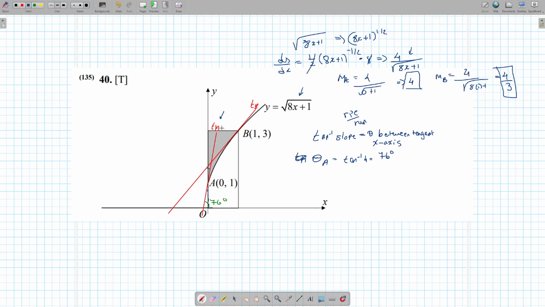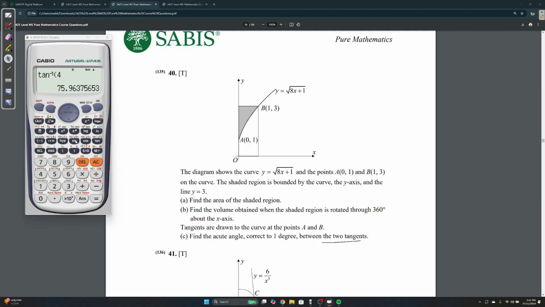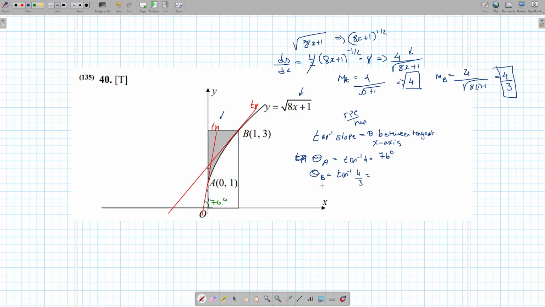How about for the other slope, for B now? Shift tan of B, right? So theta of B is equal to shift tan of 4 over 3. If you do here shift tan of 4 over 3, you're going to get 53.1. Okay, so theta of B is equal to 53.1 degrees. So this one here is 53.1 degrees.